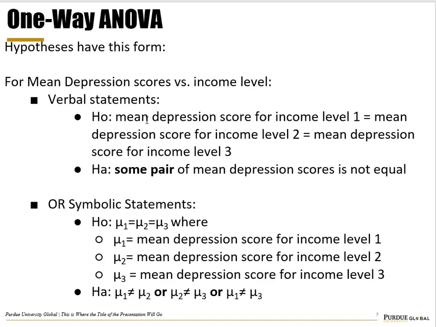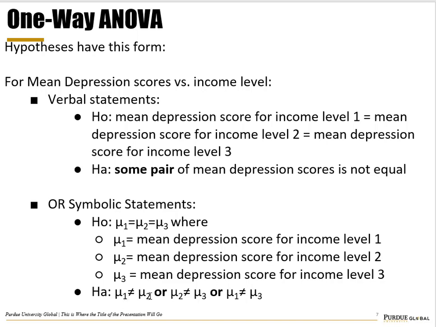So for this, the H0 would be that the mean depression score for all 3 are the same, right? So income level 1 equals income level 2 equals income level 3, and then the alternative is just some pair of mean depression scores are not equal. So oftentimes we'll write it in symbols, mu1 equals mu2 equals mu3, and then you define what the mu's are, right, for income level 1, and so on.